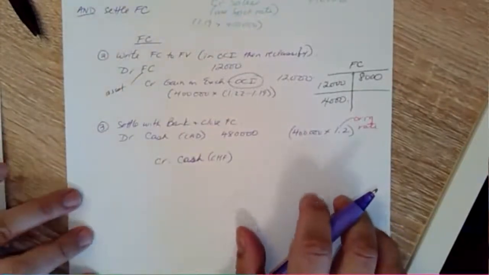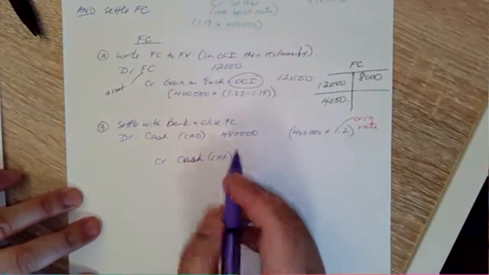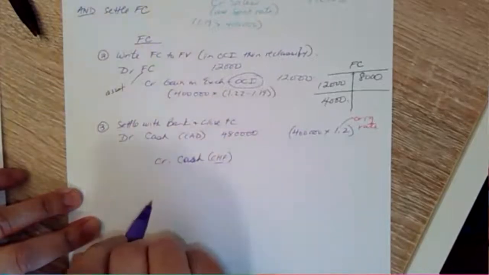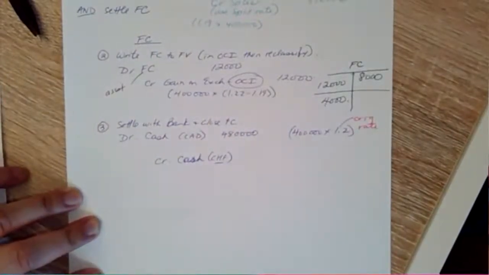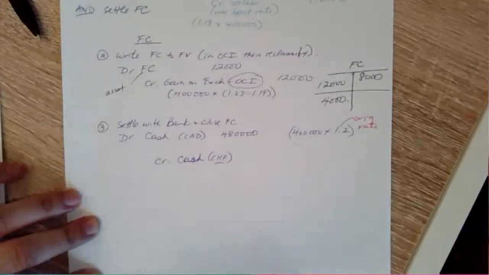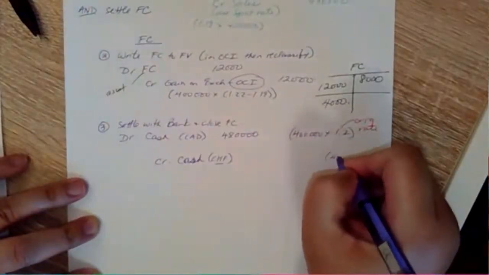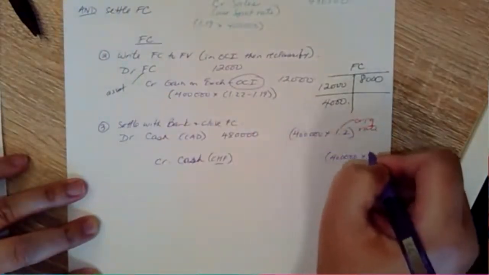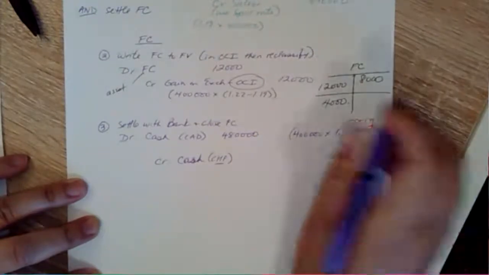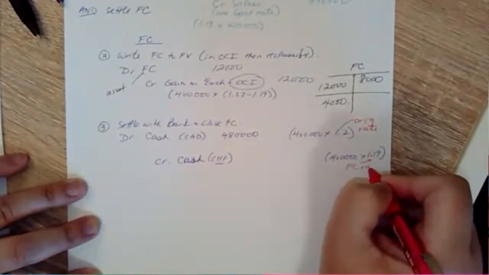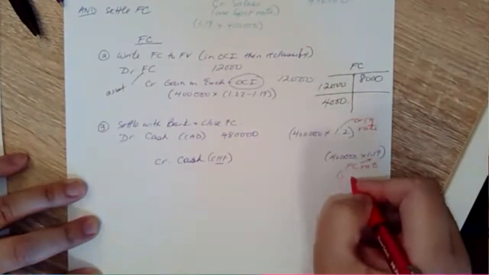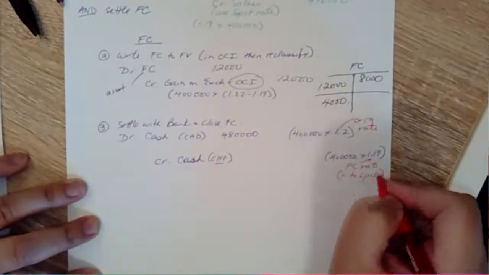Now, the cash that's going in foreign currency is going to be the spot rate or the forward rate on the date of the end, the settlement. Why can it be both? Because they're the same. So 400,000 times 1.19, and technically that's the forward contract rate, but it's equal to spot on that day.